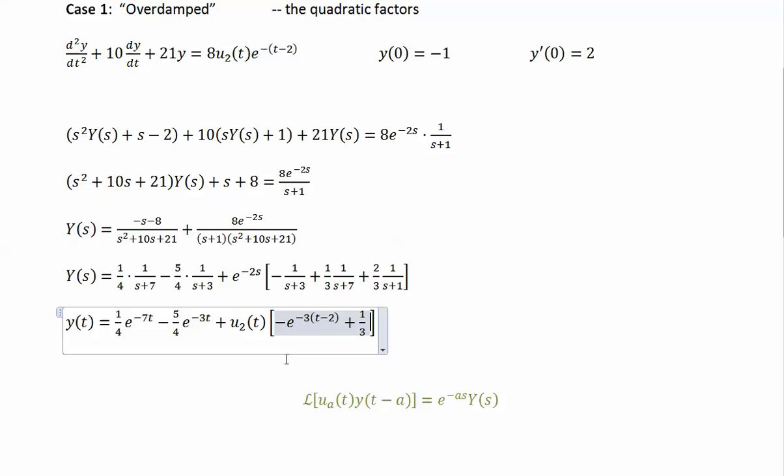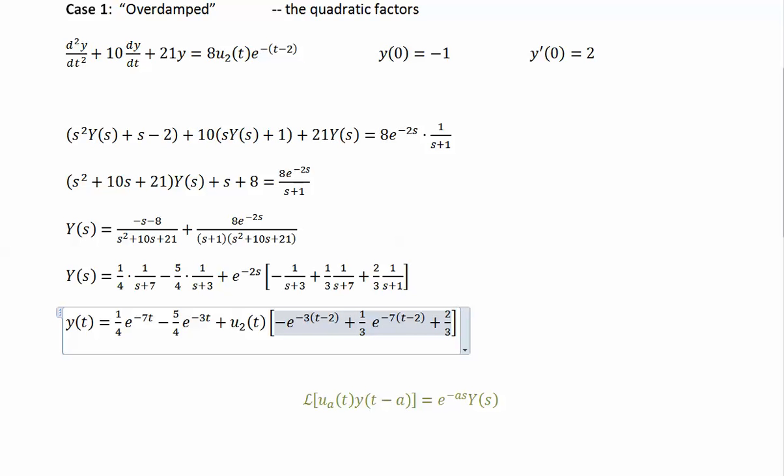And then the 1 over s plus 7 right here, normally that would be an e to the minus 7t. But again, the presence of this on the outside means not only this, but also that each of these is shifted by 2. And so finally then we have plus 2/3.